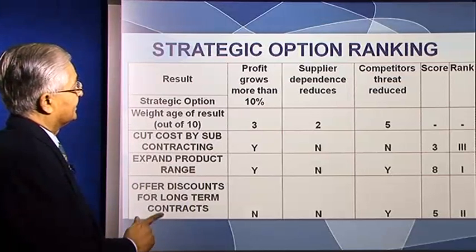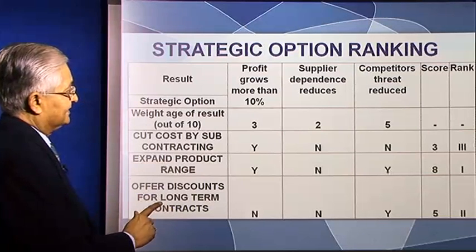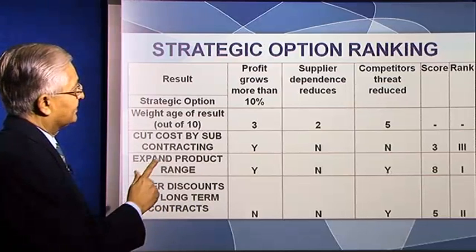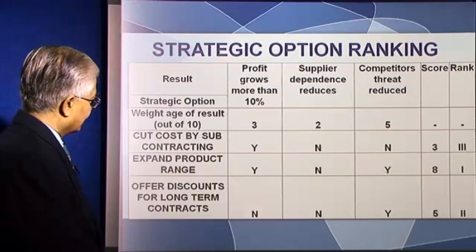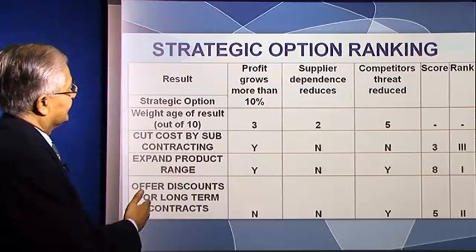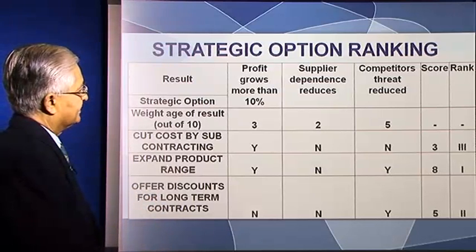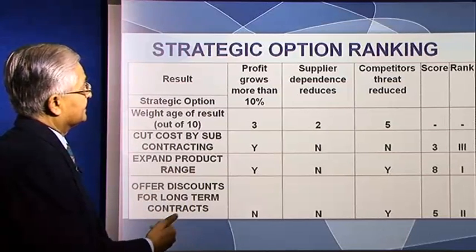So both the first and the third result areas are met. Therefore we give it a score of 3 plus 5, that is 8. Now let's look at the third option. For the first result area, yes. The second, no. And the third, competitive threat, yes.